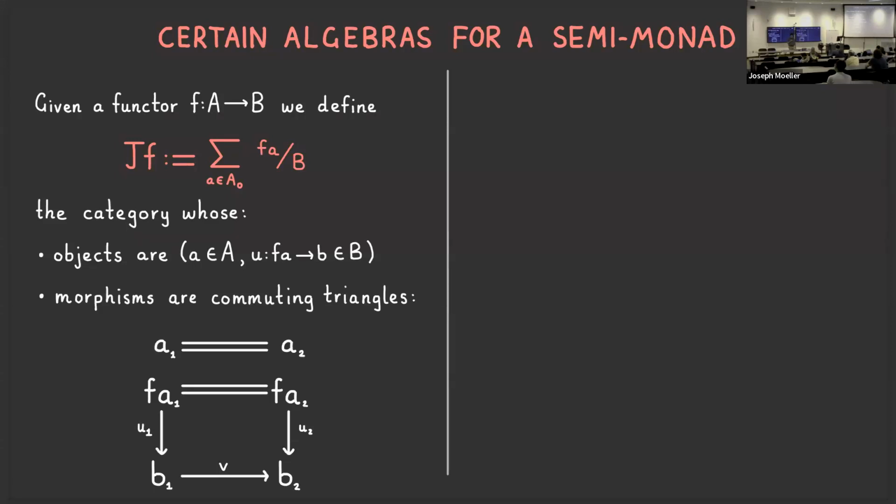Okay. And so in this picture, I've drawn the objects vertically, where we've got the object A and then the morphism U below it. Okay, so this is a category that we can define for any functor.